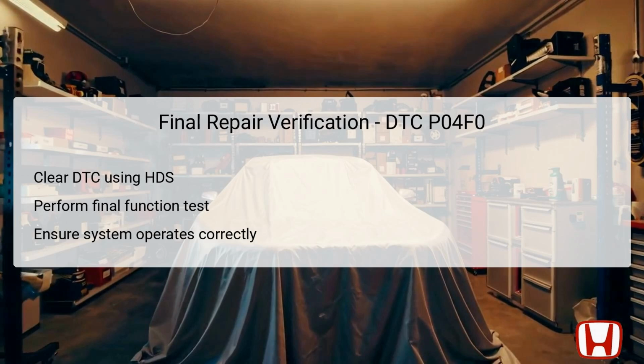This reassessment should confirm that the EVAP system operates correctly and that the original problem has been resolved. By validating that the solution is effective, the technician guarantees that the vehicle is not only operating efficiently, but also compliant with necessary emissions regulations.